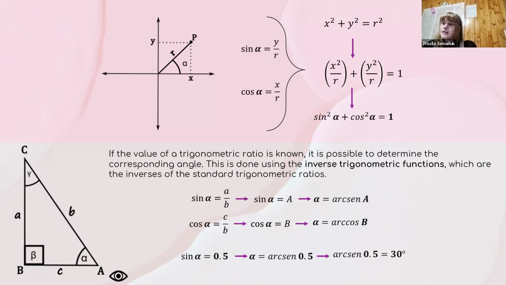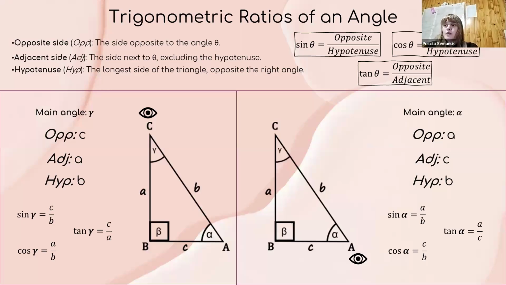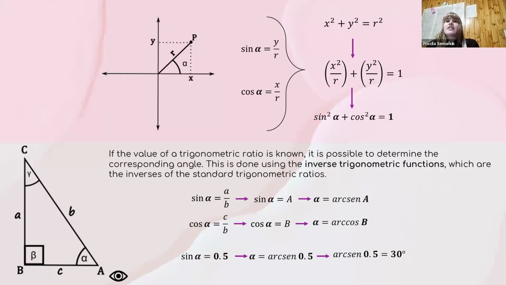You don't need to know this right now, but it's just for you to know. And then here in the lower part of the PowerPoint, I have the arc sine and arc cosine, because that way you can also know the angle. For example, in the last PowerPoint, we saw that we are working with the sides, not the angles. Now imagine I know the angle, but I don't know how long the side is.